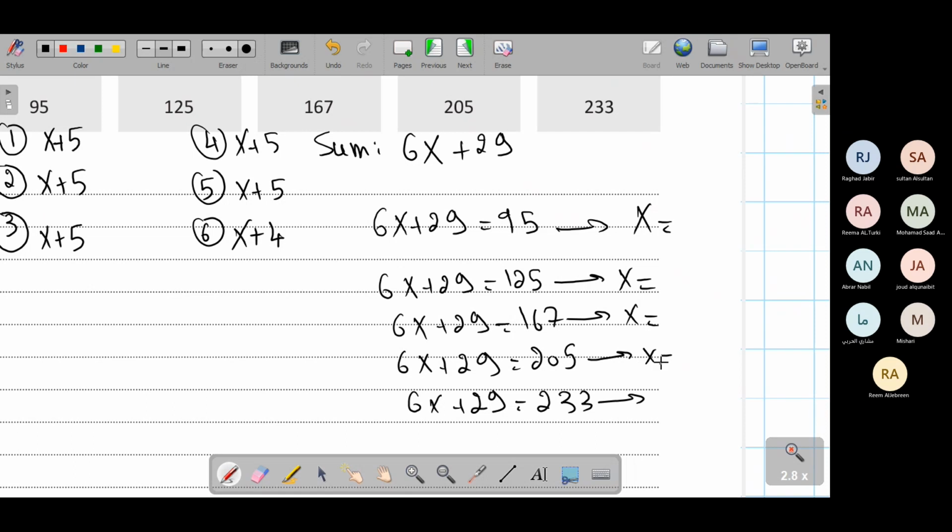Let's say that Jude solved the first one. Ragad, give me the answer of the second one. Mishari for the third one. Rima for the next one.